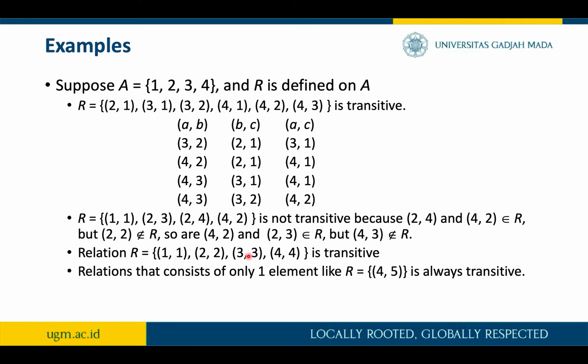There's no other type of relation, so by default it is transitive. And relations that consist of only one element, like (4,5), are always transitive as well. So these last two are by default transitive relations.